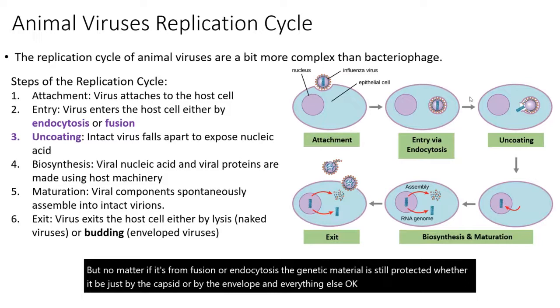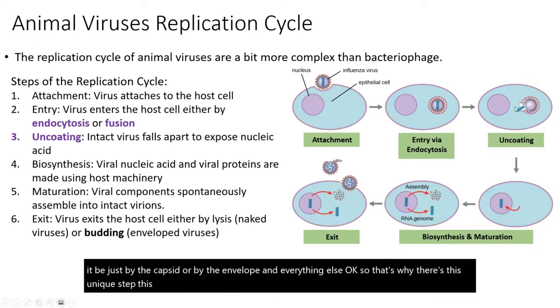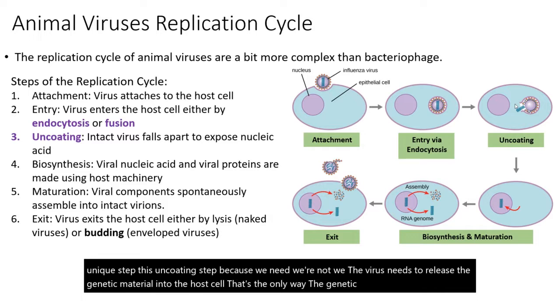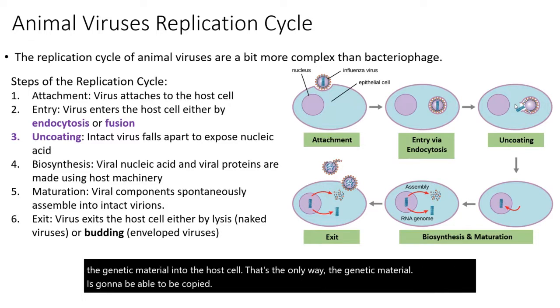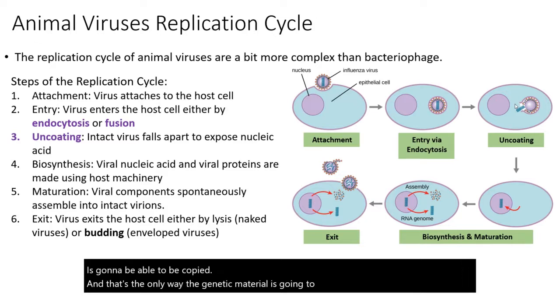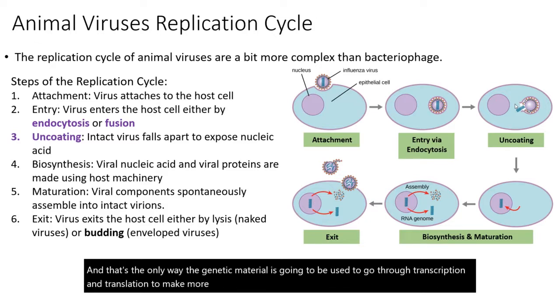So that's why there's this unique step, this uncoating step, because the virus needs to release the genetic material into the host cell. That's the only way the genetic material is going to be able to be copied. And that's the only way the genetic material is going to be used to go through transcription and translation to make more viral protein, right?